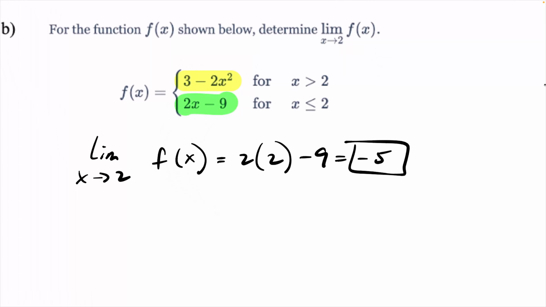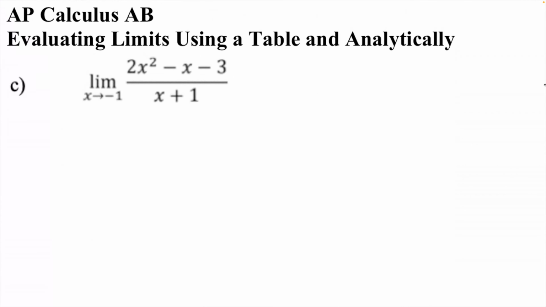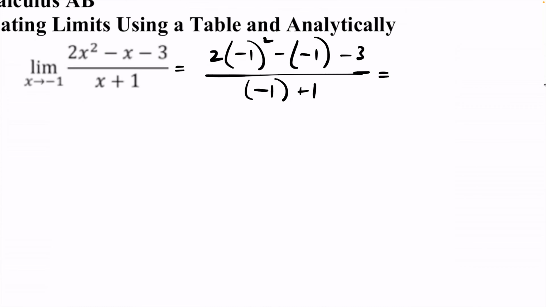All right. So let's go to problem C on the next page. This one is the limit as x approaches negative 1. What's the step we should always try first when we're doing a limit problem? Plug it in. Let's plug in negative 1 everywhere there's an x and see what we get.